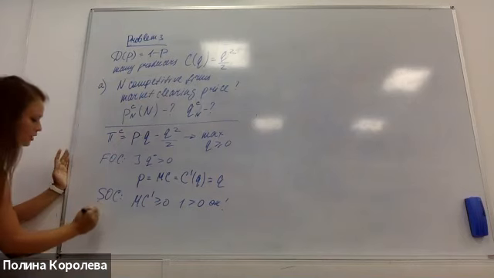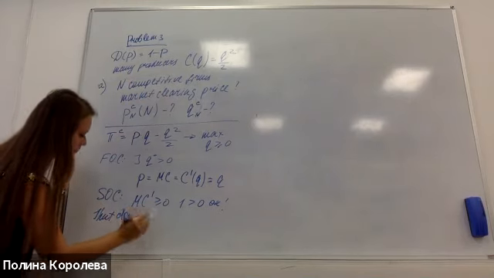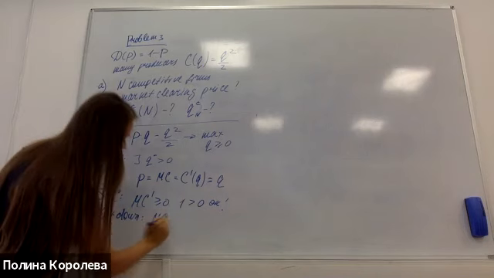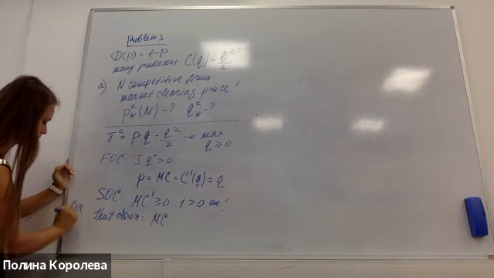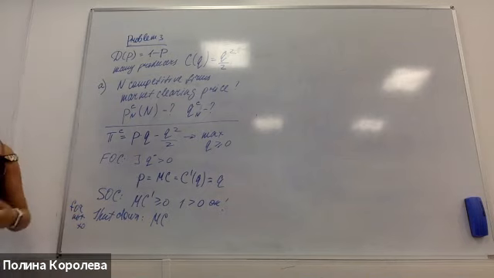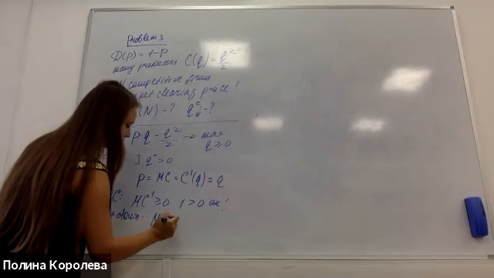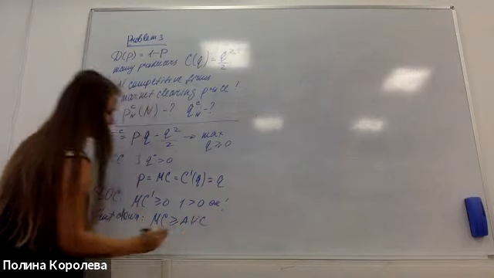Okay. Shutdown. Let's write it for staying in the market. Marginal cost should be greater or equal to average variable cost.